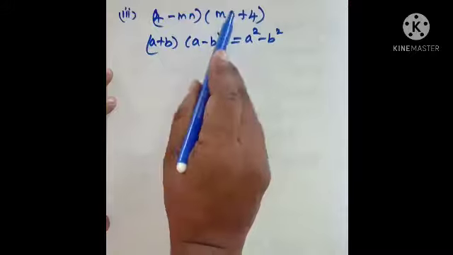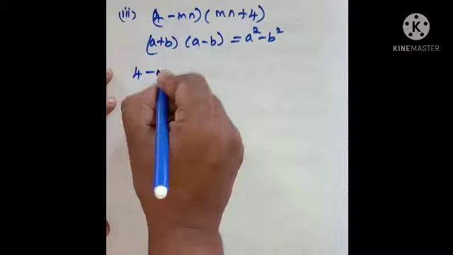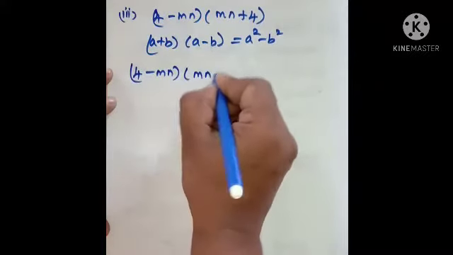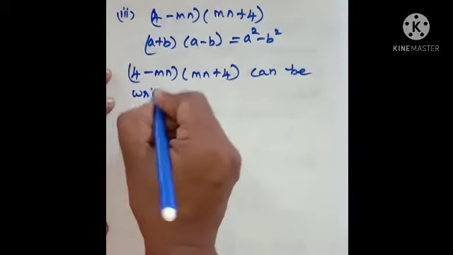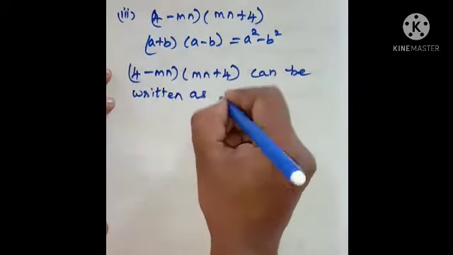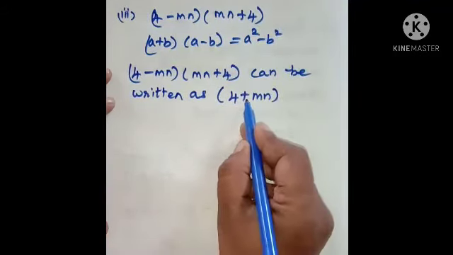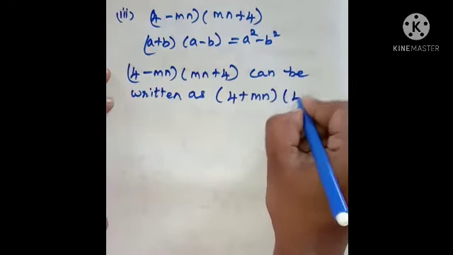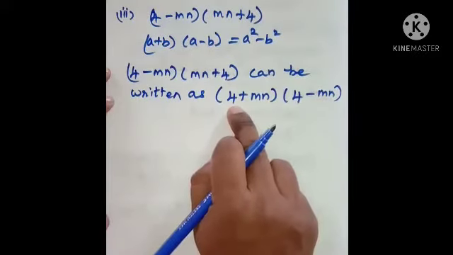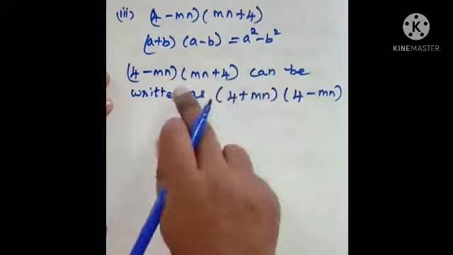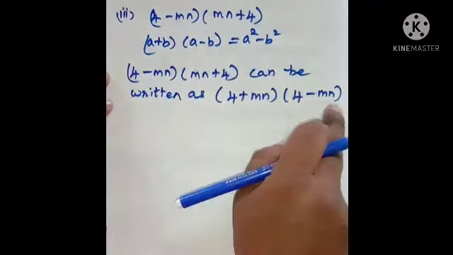So here we can write the given expression, (4 − mn)(mn + 4), as, listen carefully, (4 + mn)(4 − mn), that is (a + b)(a − b), like this. So here we can compare, no? For that we are writing like this: (a + b)(a − b).